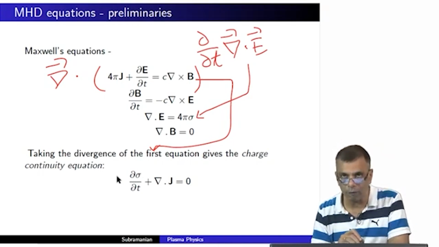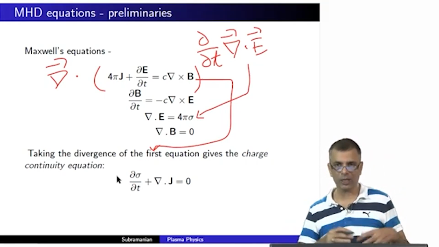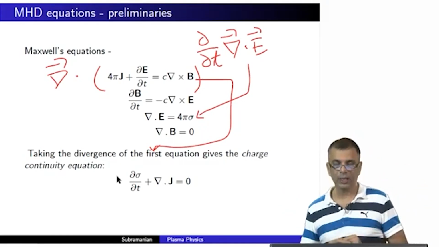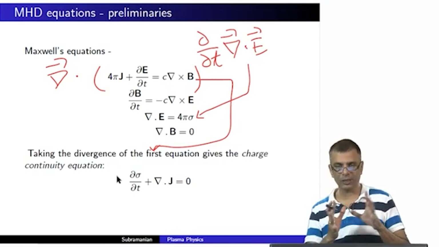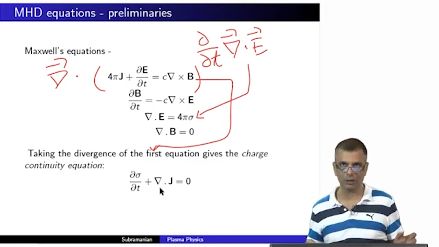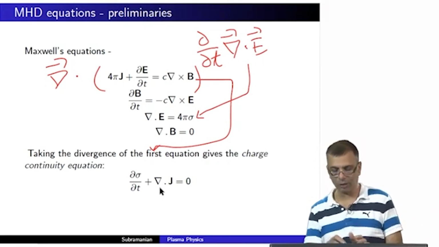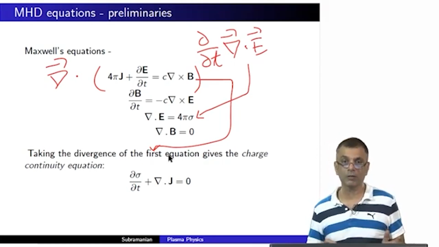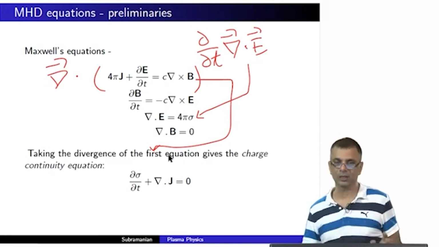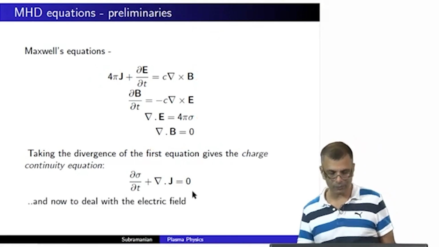If there is no current flowing inside or out of a volume through the surface, there is no way the charge density inside that volume will be changing with time. That is what this equation is saying. You can also think of this as the equation for conservation of charge. Electric charge is always conserved. So, that is one thing.